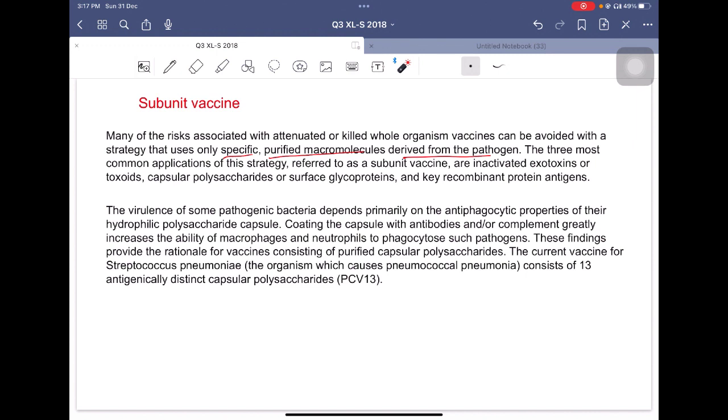Once the capsule is coated by those antibodies, the macrophages and neutrophils can easily recognize and phagocytose them, right? The current vaccine for Streptococcus pneumoniae, the organism that causes pneumococcal pneumonia, consists of 13 antigenically distinct capsular polysaccharides, PCV13. So the pneumonia vaccine used currently is a capsular polysaccharide vaccine, which is a subunit vaccine.